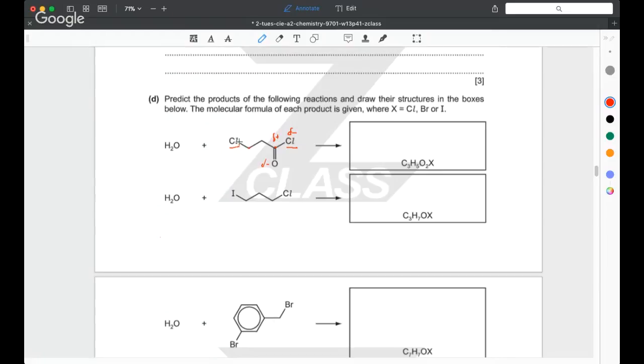It's only got one chlorine atom on it there. And so for that reason, that chlorine atom is going to be the one that's going to be replaced.